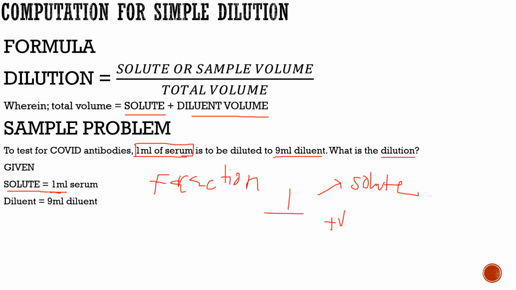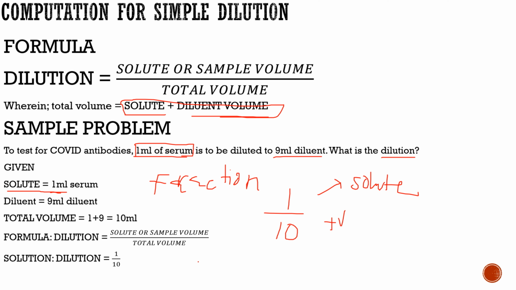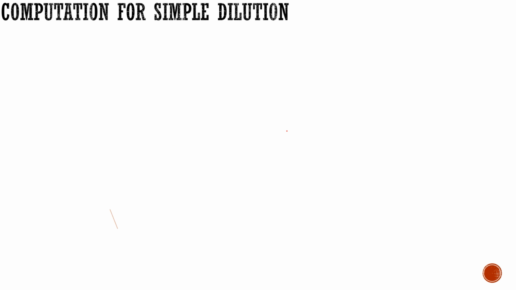Again, what is your total volume made of? Solute plus diluent volume. Your solute is 1 ml, your diluent volume is 9 ml. So, 1 plus 9, you get 10. Therefore, your dilution is 1 is to 10.